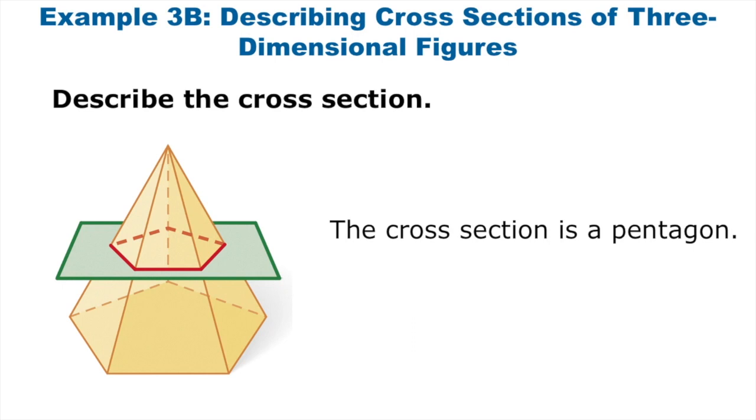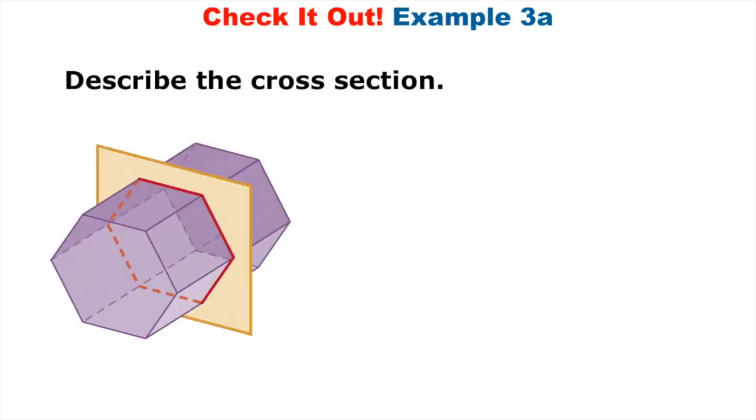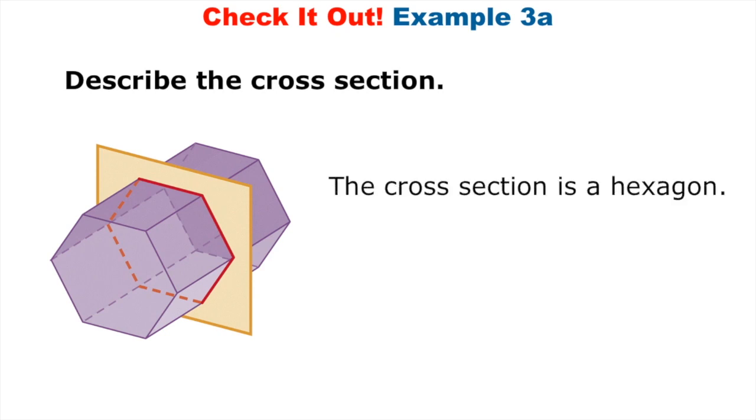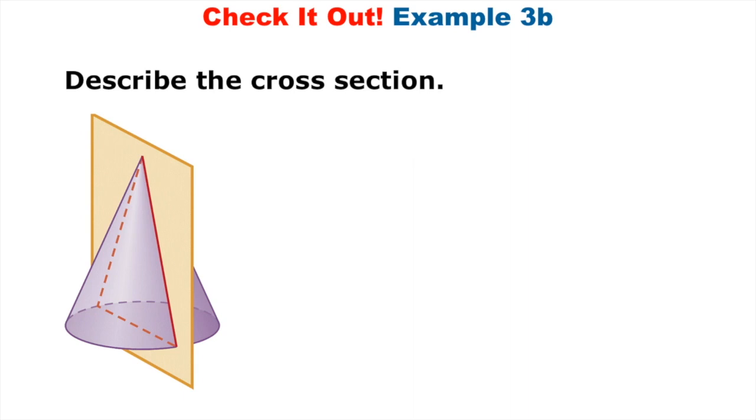In this one, the cross section of the plane or the flat surface with this hexagonal prism is going to be a hexagon. You can see the outline of the figure in the picture. In this example, the cross section of the plane and the cone is in the shape of a triangle.